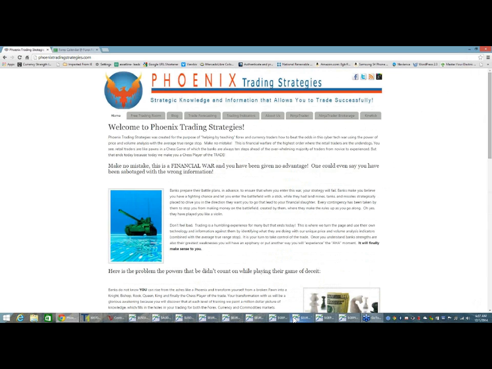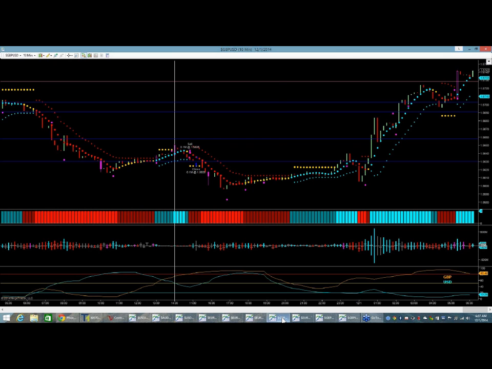I'm going to show you an example, actually, of a trade that I took yesterday afternoon. And let me remove this crosshair and use a pointer instead, because I think it'll be much better.